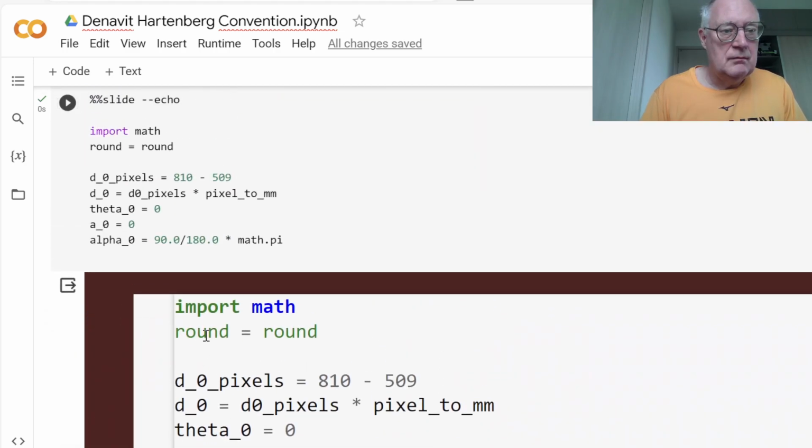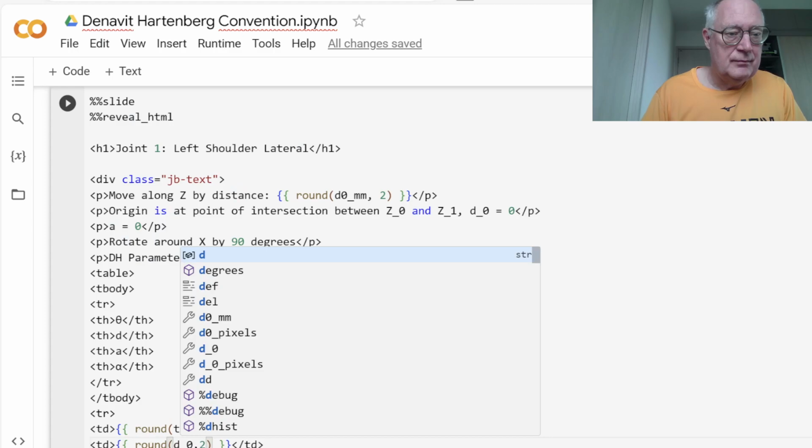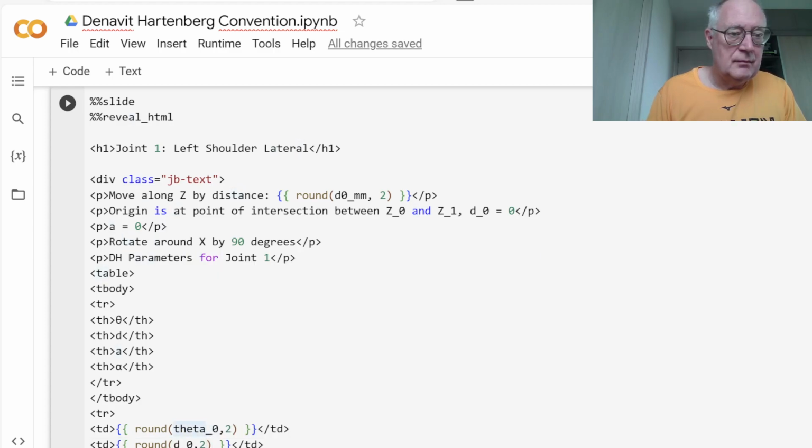Theta 0, and we have D0, A0 and alpha 0.